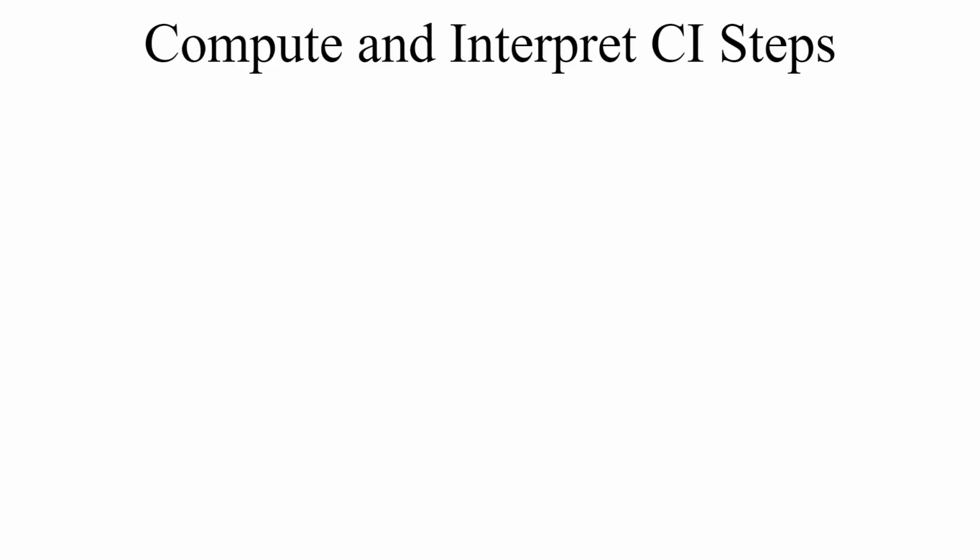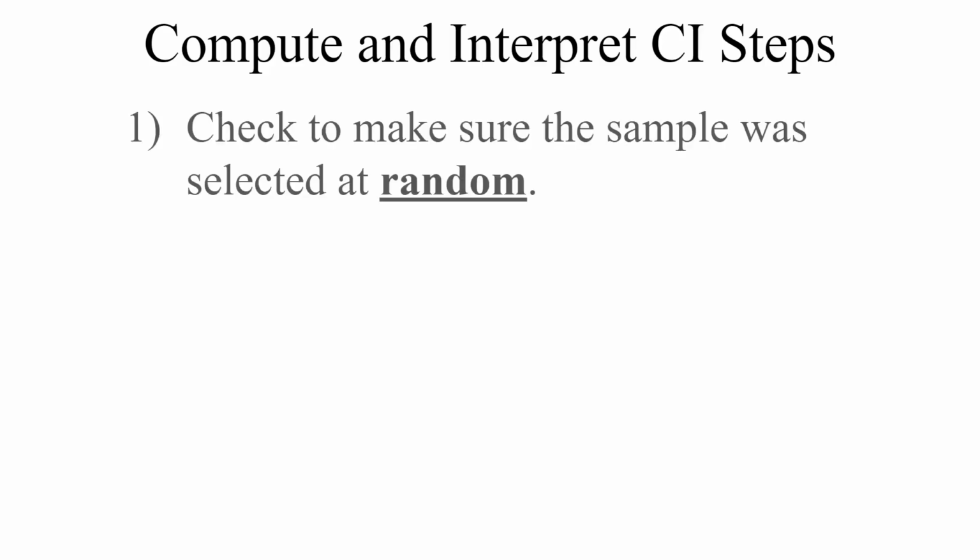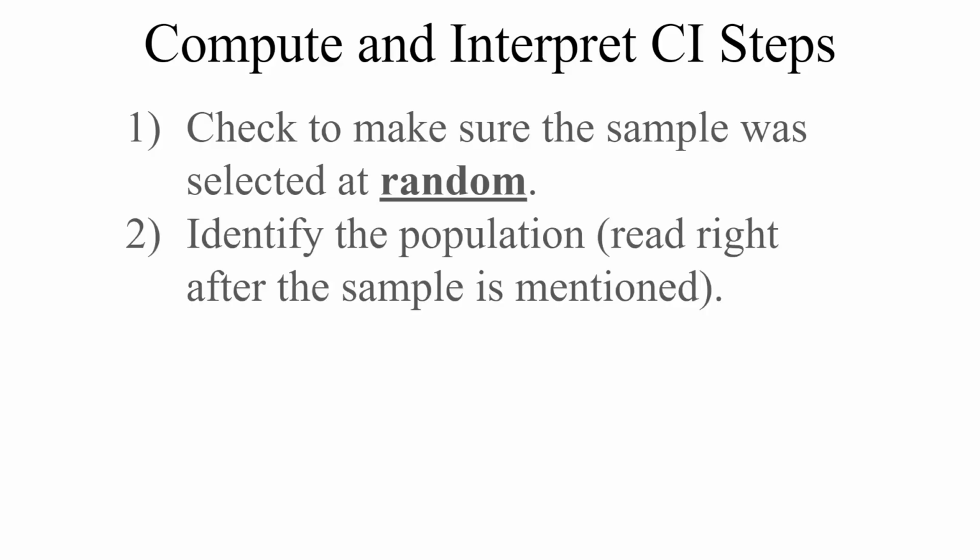Great. Okay, so the steps. As with any statistics conclusion question, you want to make sure the sample was selected at random. If it's not selected at random, you can't draw any conclusion about the population. 2, we're going to identify the population. Normally, these are the words right after when the sample is mentioned.